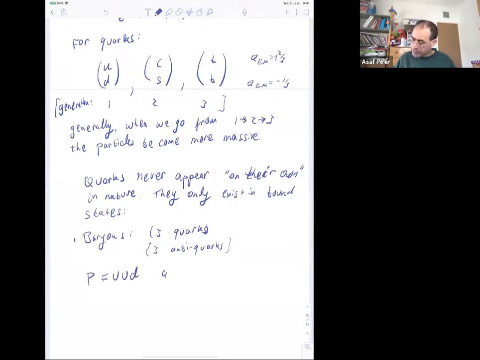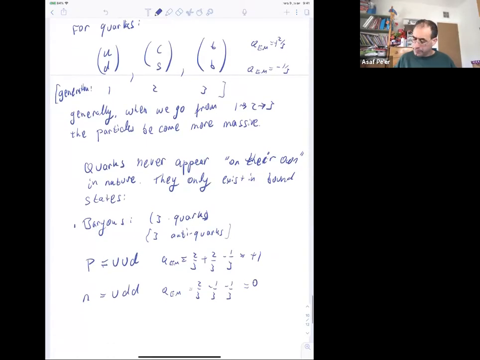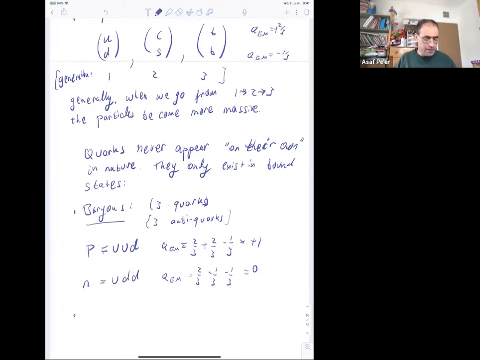So the charge of a proton is 2/3 plus 2/3 minus 1/3, so it's just plus 1. Or a neutron, which is made up of up, down, and down. Of course, the charge is 2/3 minus 1/3 minus 1/3, so it's just 0. This is the first type. And the second type is meson, which is a pair of a quark and antiquark.